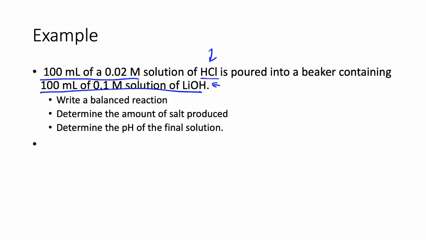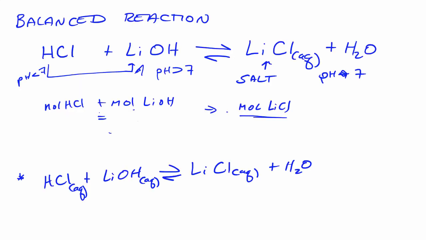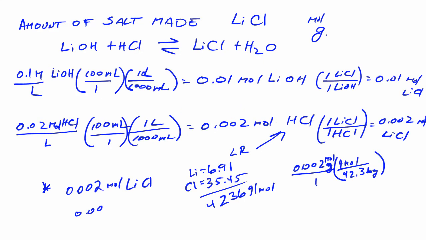Now come back up here to the third question, determine the pH of the final solution. All right, this is where these two problems come into play. So we know lithium hydroxide is in excess, so this is going to be a basic solution because we've got more lithium hydroxide than HCl. How much more?